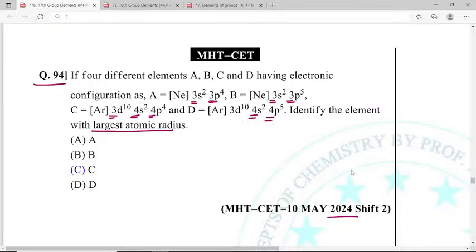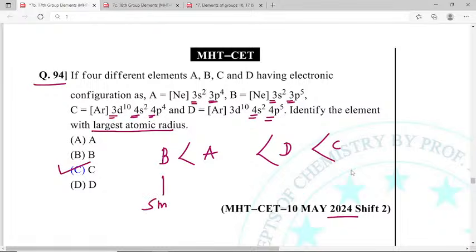Fourth period element should be larger. So C should be larger as compared to D. And this one is 3s2, 3p4, so it should be on the left side and this on the right side. So B is smallest as compared to A. So please answer: C is the largest atomic size and B is the smallest atomic size.